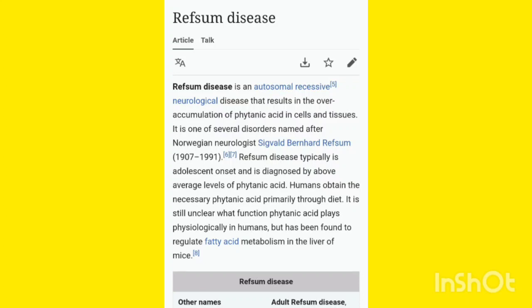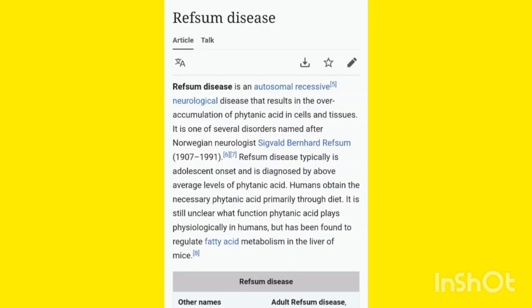Refsum disease is a neurological disease which occurs due to over accumulation of phytanic acid in cells and tissue. Remember, phytanic acid. Autosomal recessive is a question. Neurological disorder is a question. Phytanic acid is a question.